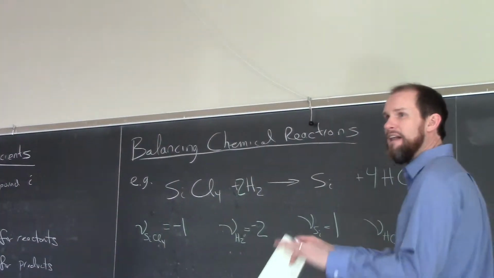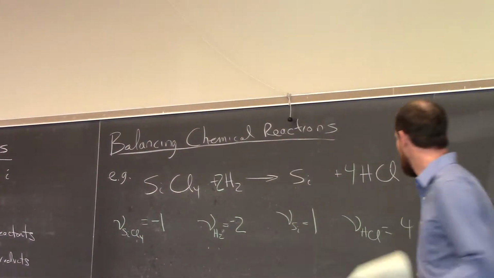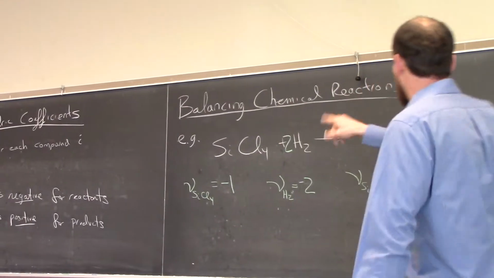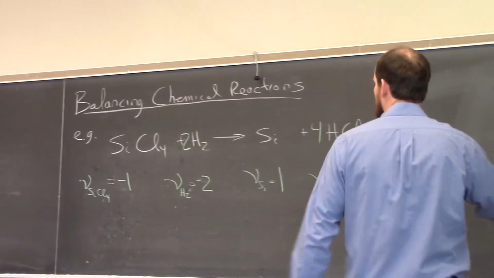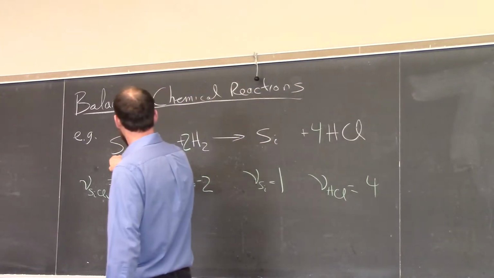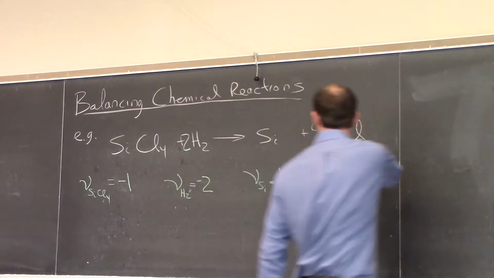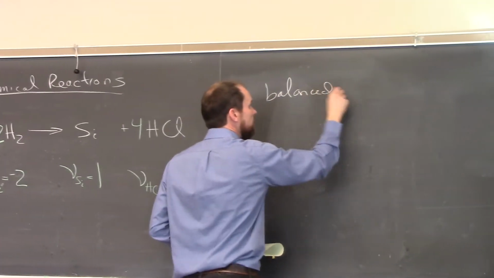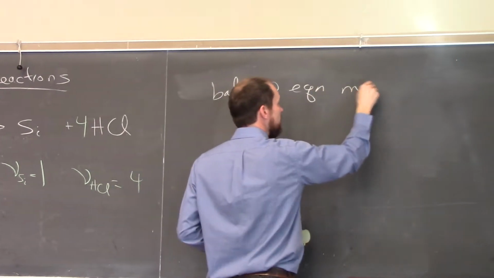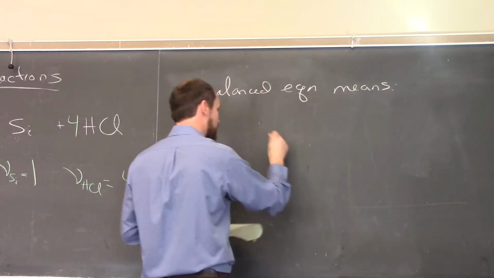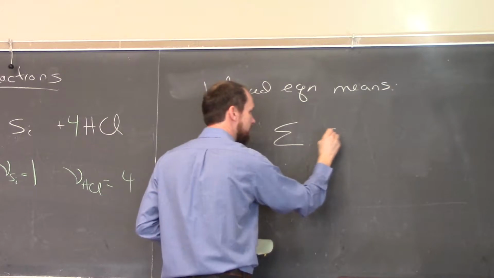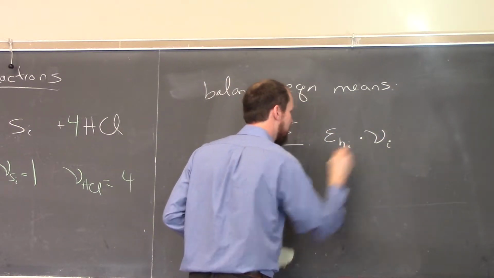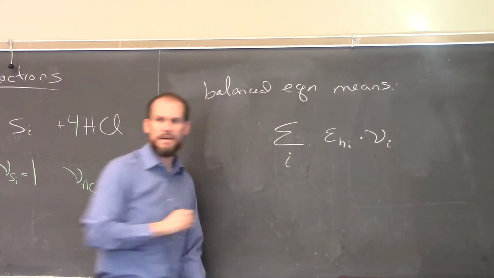So that equation is balanced when the number of atoms are the same on both sides. I want to write an equation that means that, using these. A balanced equation means that the sum of epsilon Hi times nu sub i, summed over all compounds i, equals 0.